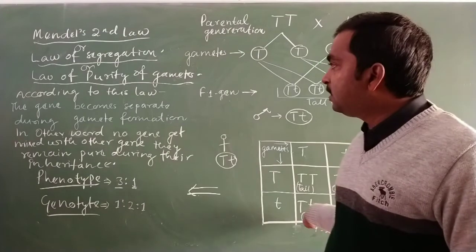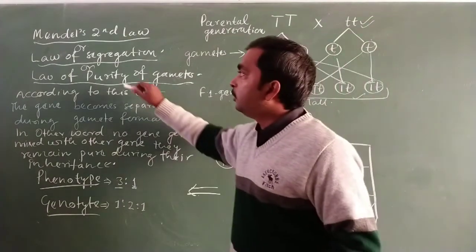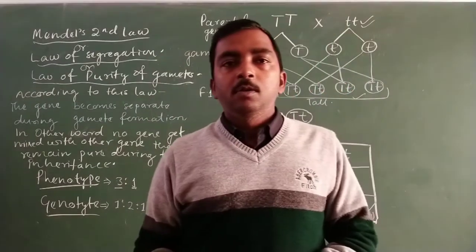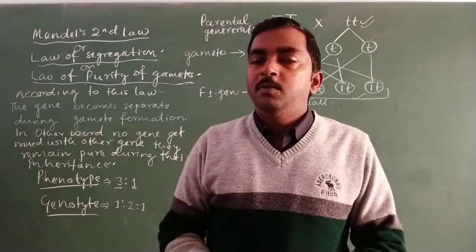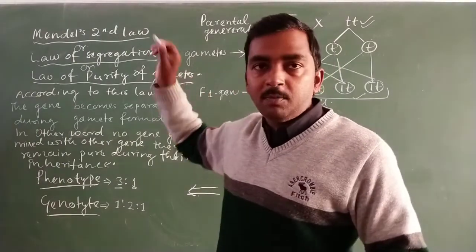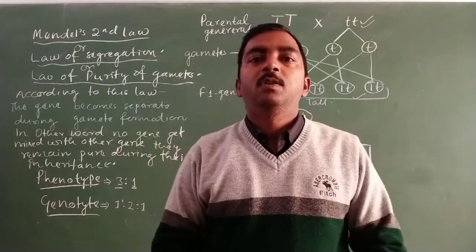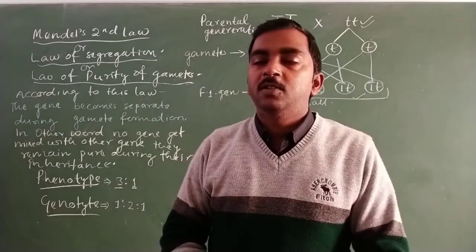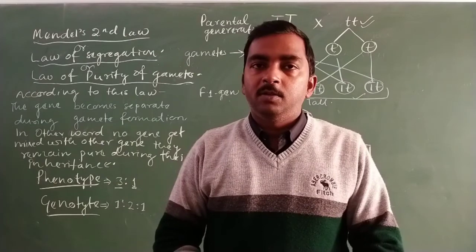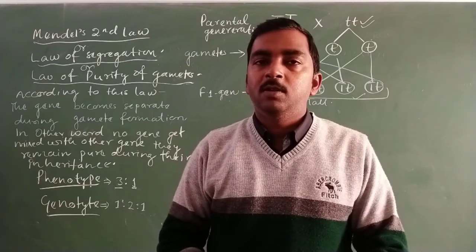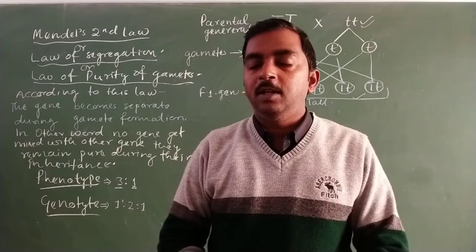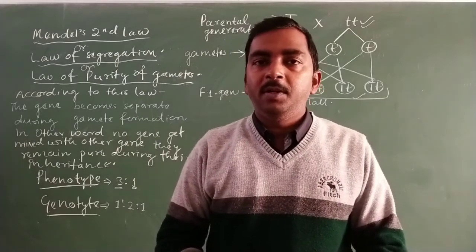So from this result we can easily conclude the law of segregation or law of purity of gametes. So this is all about the law of segregation or law of purity of gametes, or the second law of inheritance given by Mendel. Now the next is the law of independent assortment, or Mendel's third law of inheritance, and we will discuss it with the help of a dihybrid cross.